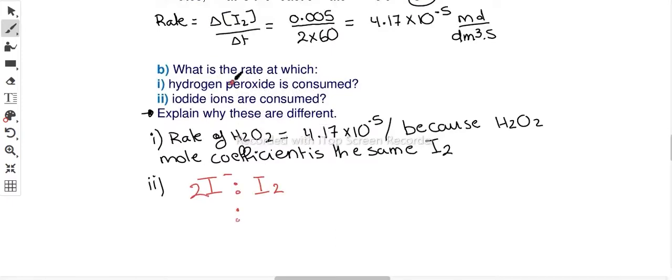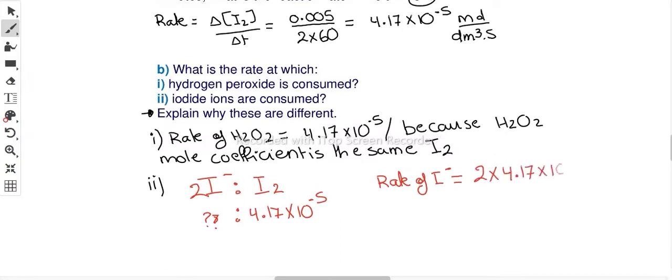So if the rate of the iodine was 4.17 times 10 to the power of negative 5, this would be my X or my question mark. So how can we determine now the rate? The rate of iodide ion will be twice, so 2 times 4.17 times 10 to the power of negative 5. Using your calculator, you can obtain your final answer.